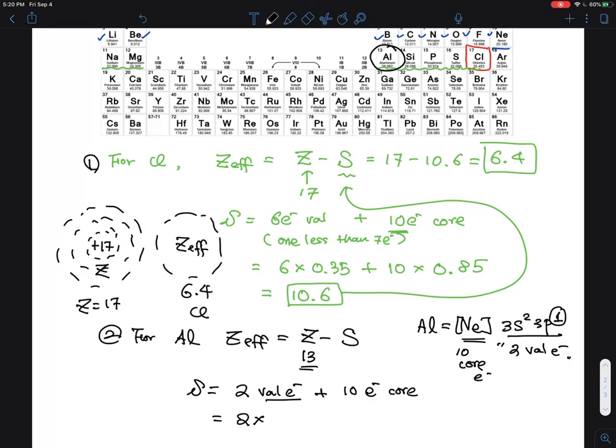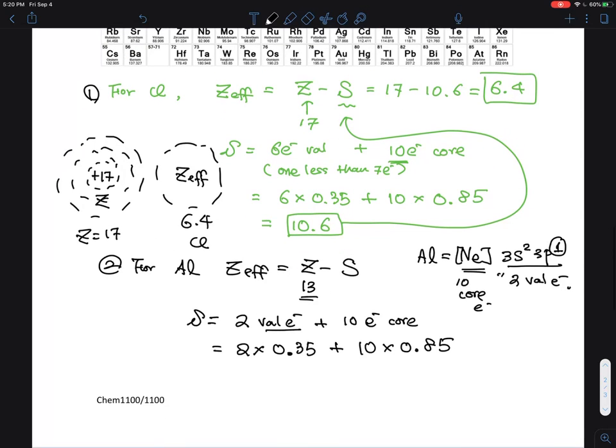The valence electron shielding constant is 0.35, and the 10 core electrons are 0.85. By doing so, you get 9.2 as the shielding factor.